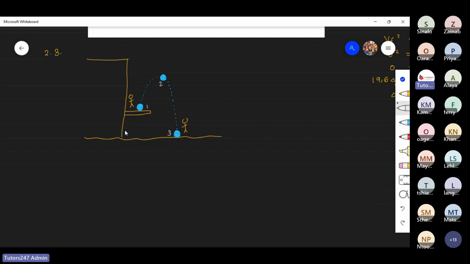So let us call the height of the balcony A. We're associating height above the ground of the balcony as A. So if we want to calculate the displacement of this person, it's going to be h at 0.3 minus h at 0.1, final minus initial.